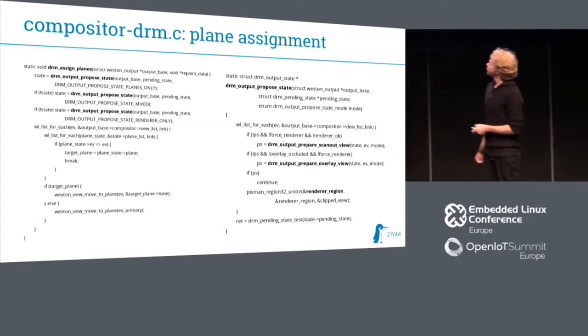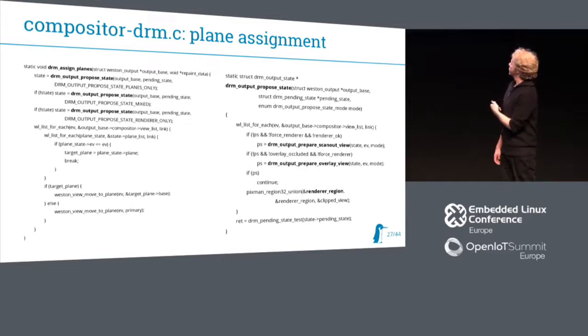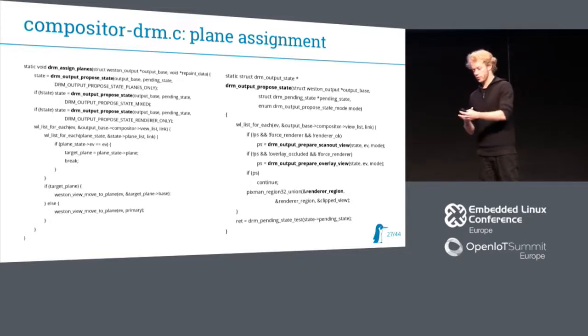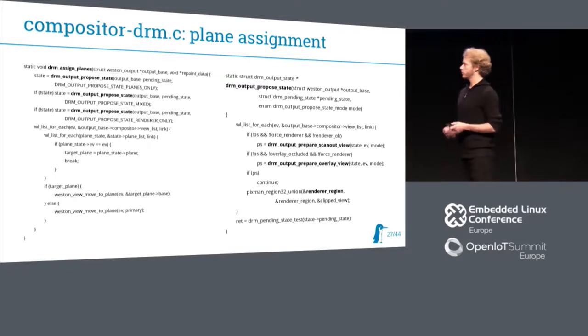And in the proposed state, you can see here that it first tries to prepare the scan-out view, and afterwards the overlay. So it tries to put a surface on the scan-out, and then the overlay. And if this fails, it just adds it to the renderer region, which will be rendered together.